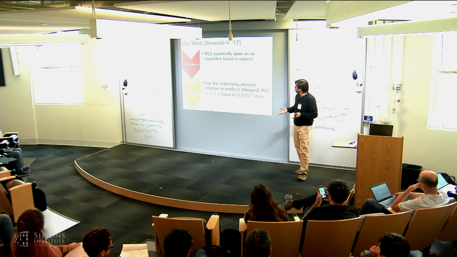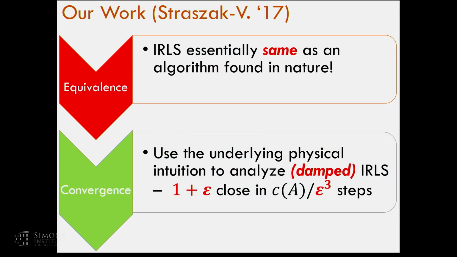I'm not a practitioner in IRLS, so I can't really comment. But I think the fact that a similar algorithm is found in nature seems to suggest that perhaps time complexity is not the only measure that we should treat an algorithm with. This is one measure for sure, and probably crucial for many applications, but there may be other important aspects to an algorithm.